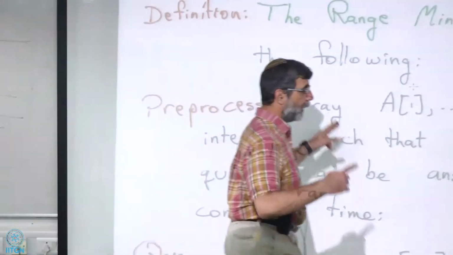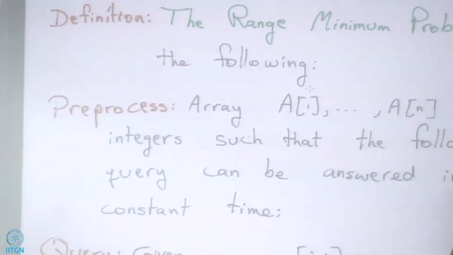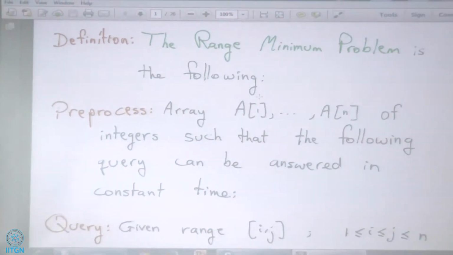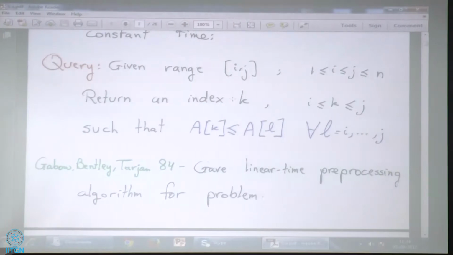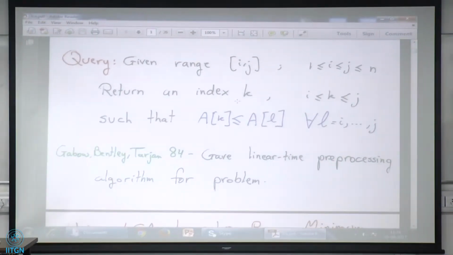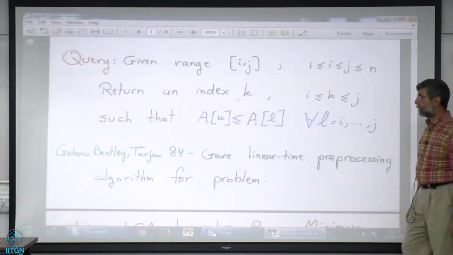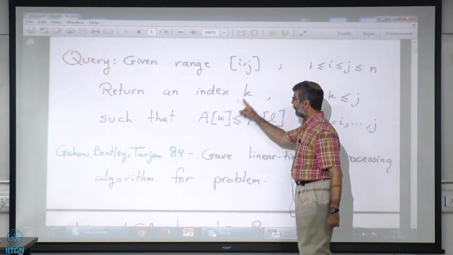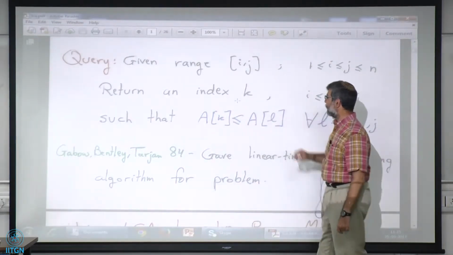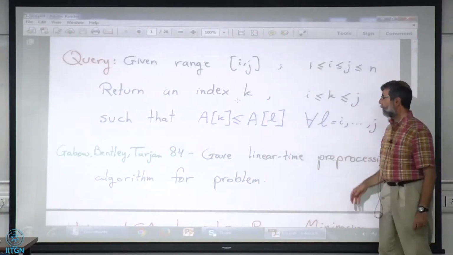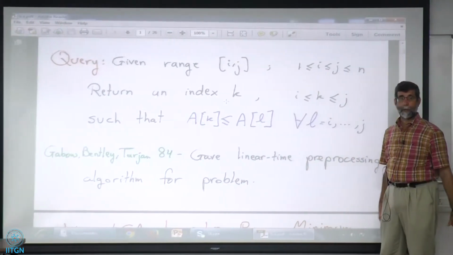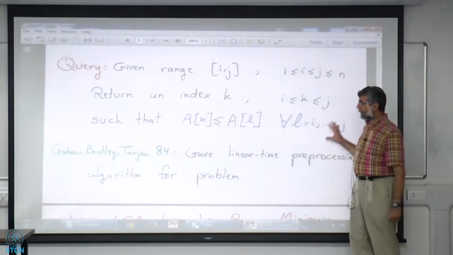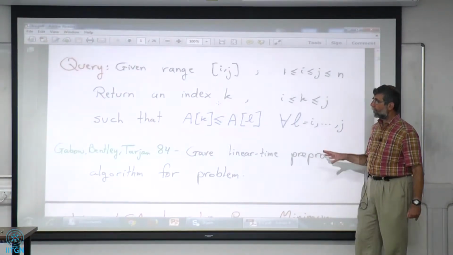When I give you a range in this array, let's say i and j, I want to know the index of the smallest number in that range. So, what is the index k such that a_k is less than or equal to all the other numbers in the range? That's actually a very useful thing to do.